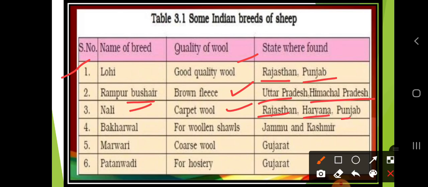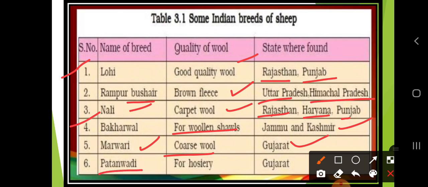So this is some basic information. Next is the Bakharwal, for woolen shawls. For woolen shawls we use the Bakharwal breed, which is found in Jammu and Kashmir. Then next is the Marwari, which gives coarse wool, found in Gujarat.